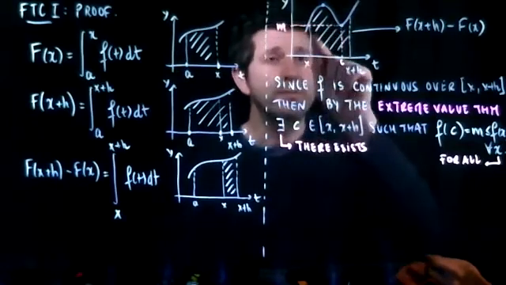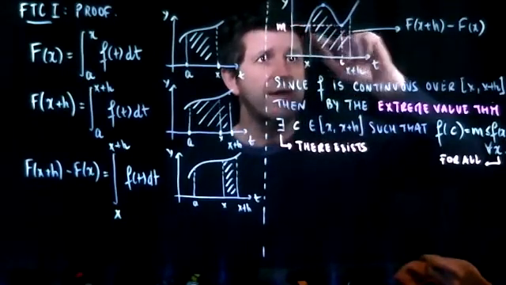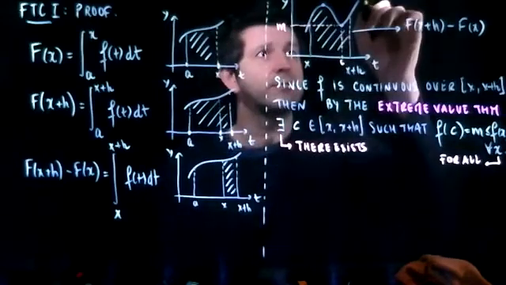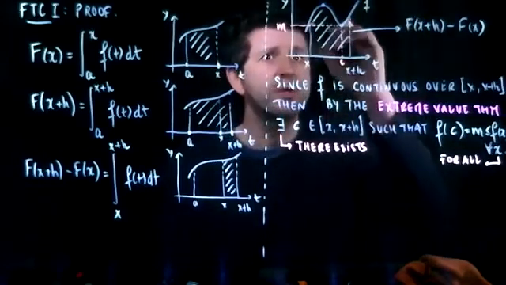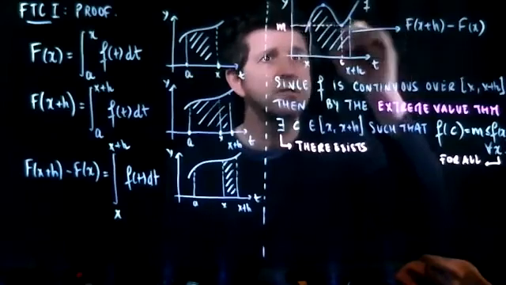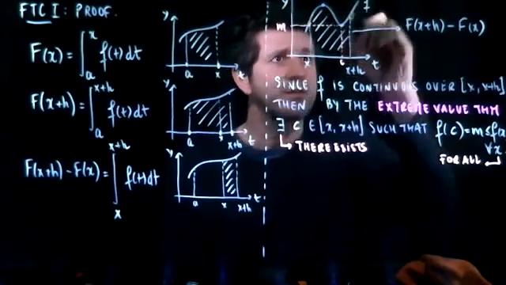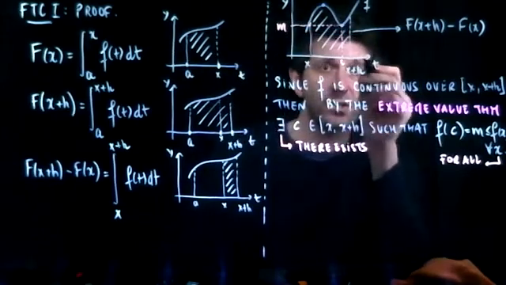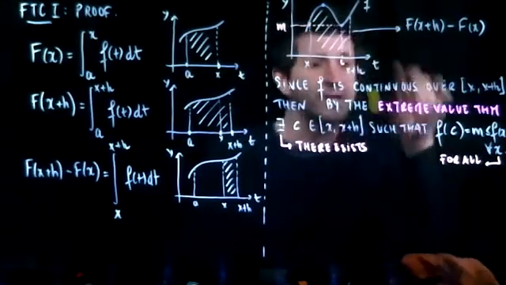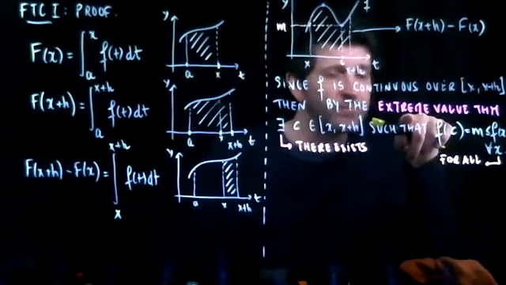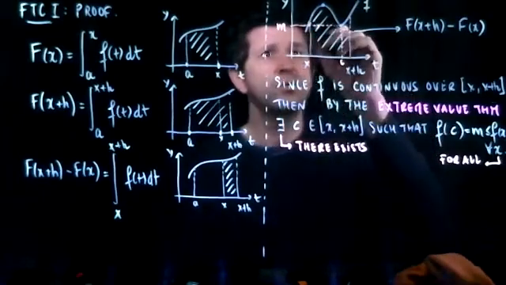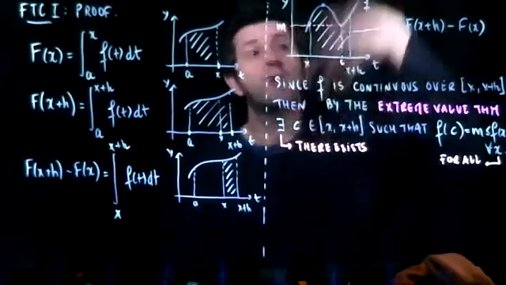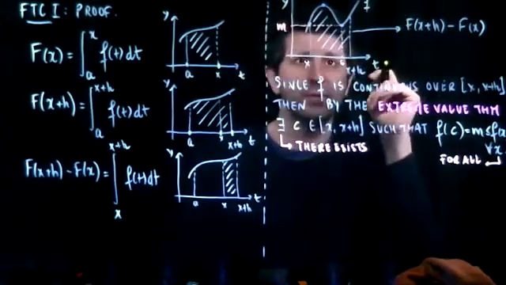What I'm saying is that the function f, small f, is continuous. You could draw it without lifting the pen. Since it's continuous, the extreme value theorem tells me that this function will have a maximum. It will not go to infinity for sure.